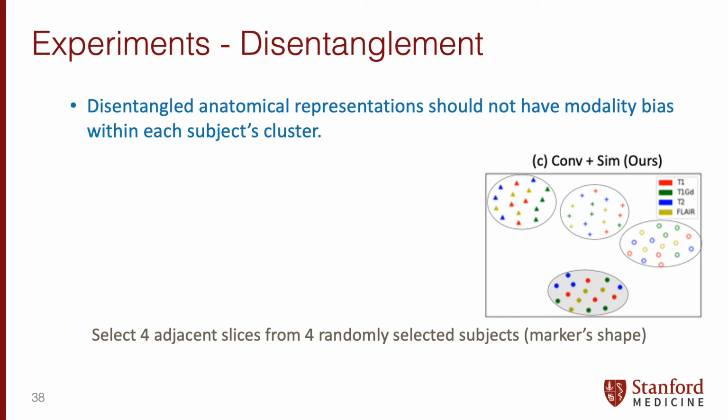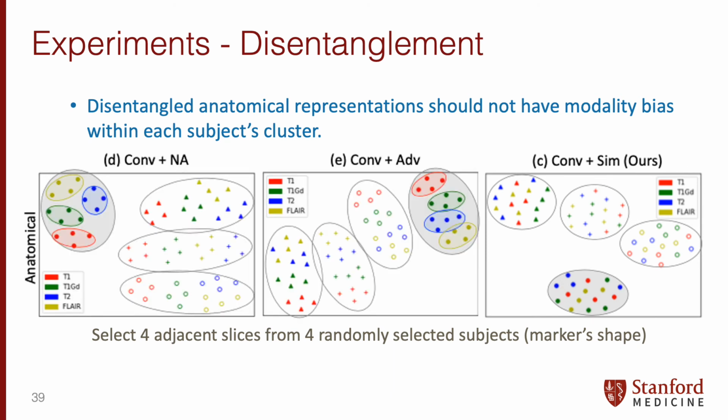But just like this plot shows, for a well-disentangled anatomical representation, there should not be modality bias within each subject's cluster. And here, as shown by the small circle within the cluster, competing methods both have modality subclusters within each subject's cluster. It suggests that there is some modality information leaking into the anatomical representation.